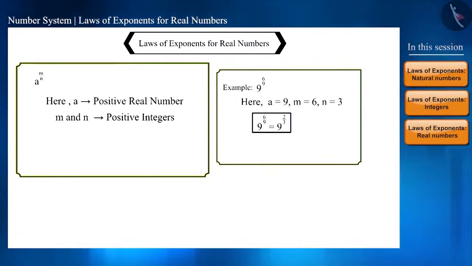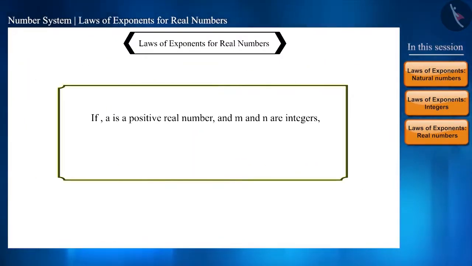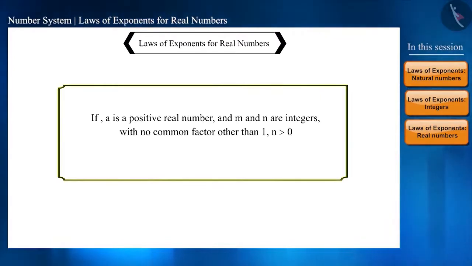Looking at all these facts, we can say that if a is a positive real number and m and n are integers with no common factor other than 1, and if n is greater than 0, then a raised to the power m by n can be written as nth root of a, the whole raised to the power m, or nth root of a raised to the power m.